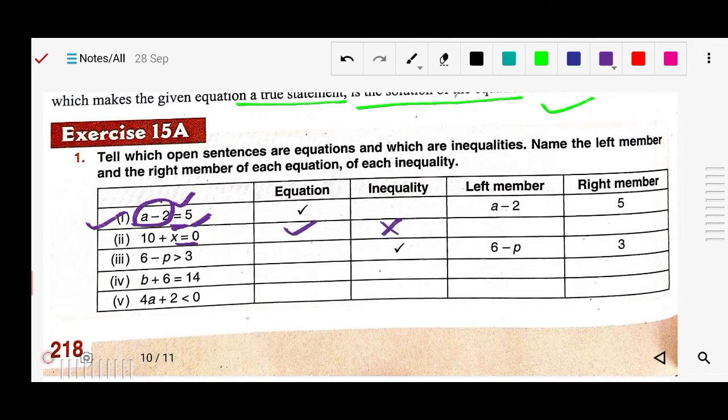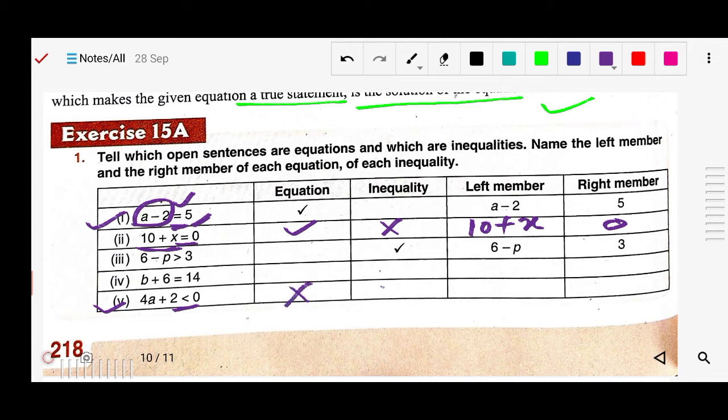Now the left member is 10 plus x, to the left of the equal sign, so here write 10 plus x. The right member is 0, so like that you can write. Suppose here I am going to solve the next one: there is no equal sign, there is a less than sign, which means it is not an equation.